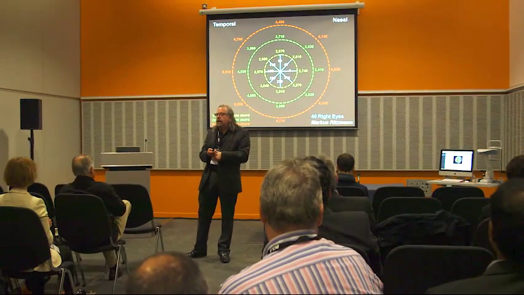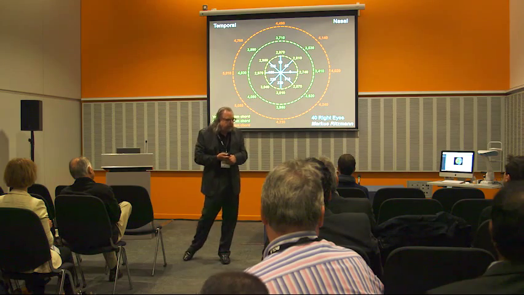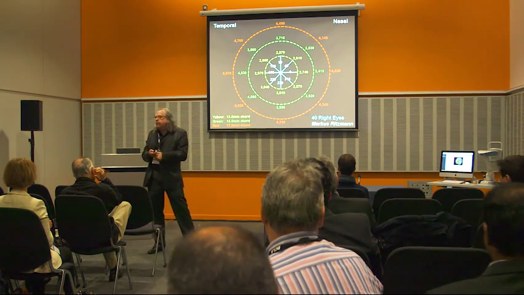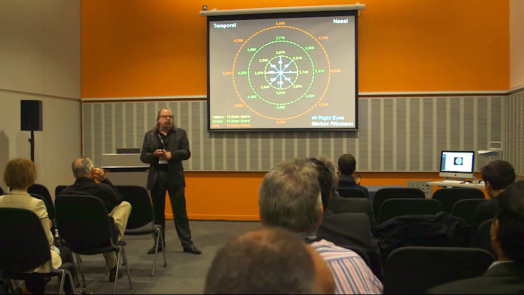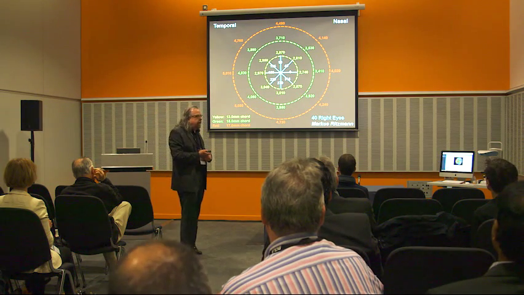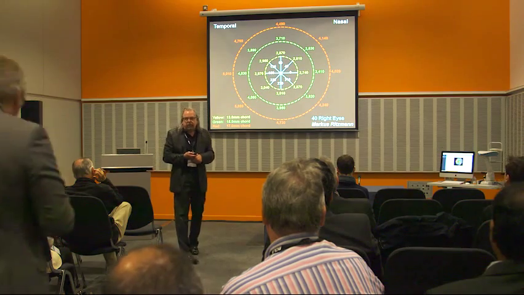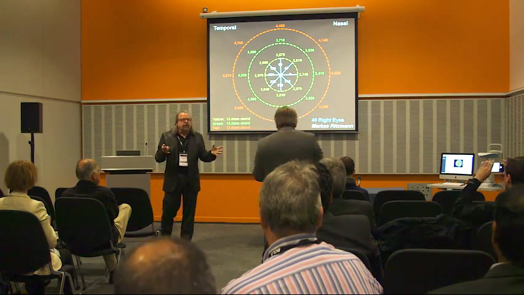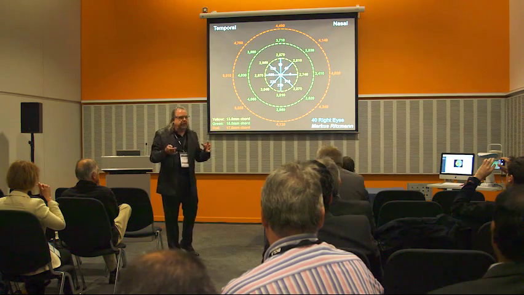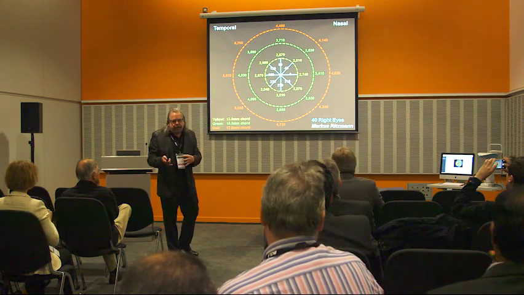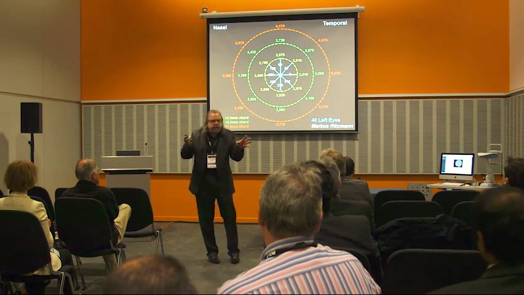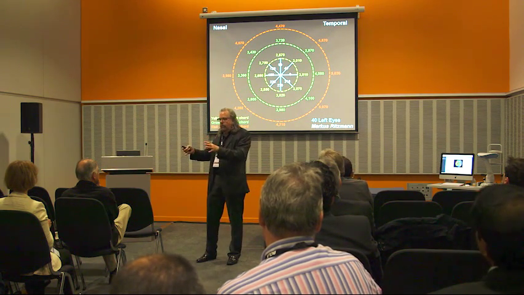What Marcus did is he took 40 individuals with normal eyes that were free of any pinguicula or pterygia, and did corneal mapping and scleral mapping. These are the results of the data on the right eyes, and these the left. Now the numbers aren't important.